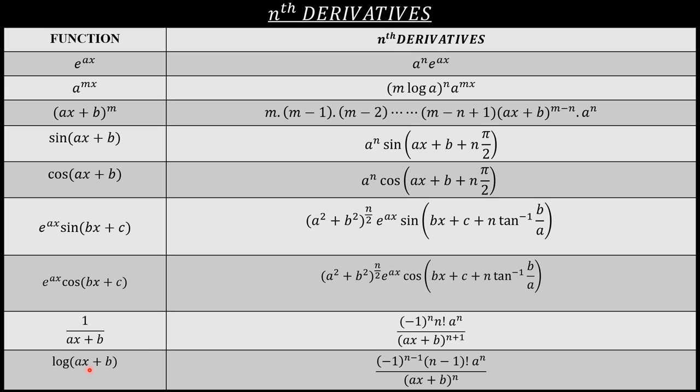And that of the nth derivative of log of ax plus b is equal to minus 1 to the power n minus 1 multiplied with n minus 1 factorial into a to the power n divided by ax plus b to the power n. There is a slight difference between the nth derivative of 1 by ax plus b and that of log of ax plus b. Just make a note of it.